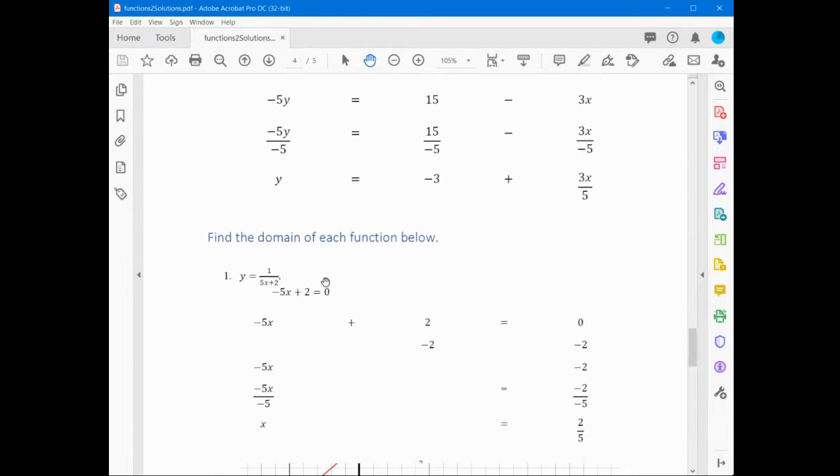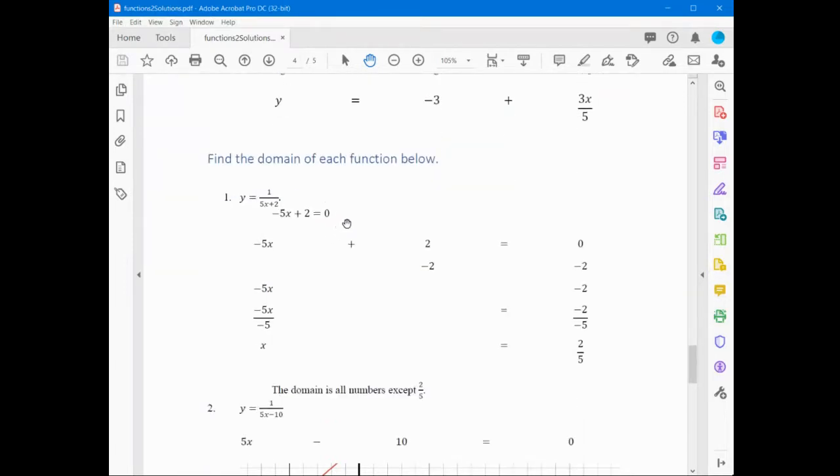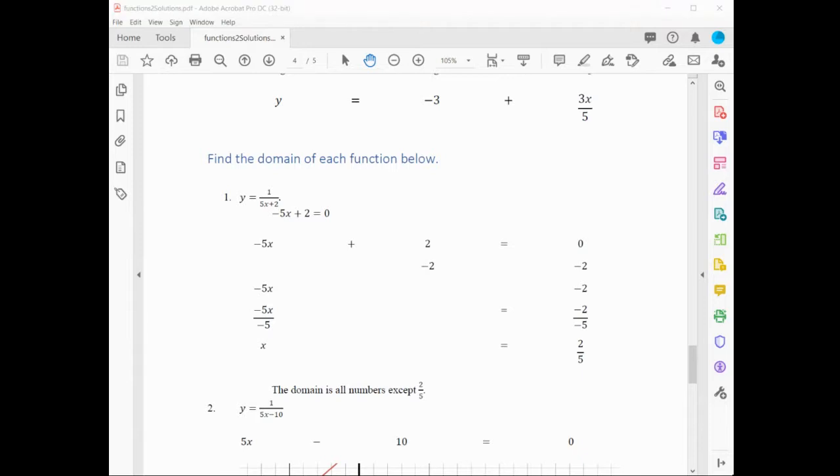Here we want the domain of each function. Here we have 1 over 5x plus 2. Wait a minute, something's wrong there. No, it's negative 5x plus 2. I'm sorry, that's what that should be. Let me quickly fix that. Crazy, but easy to fix.